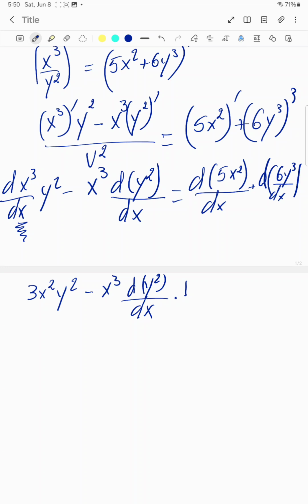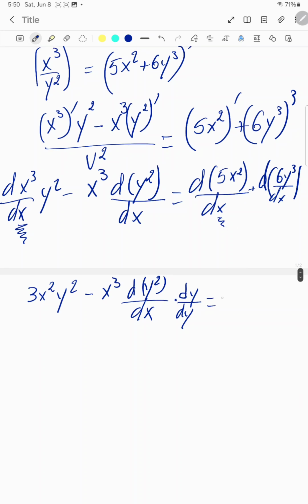But my 1, I want to write it in a clever way: dy divided by dy. Any number divided by itself is equal to 1, so I maintain the equality. Equal, now I'm deriving according to x, 5x squared becomes 10x plus d of 6y to the power of 3 divided by dx multiplied by 1, which is dy divided by dy.